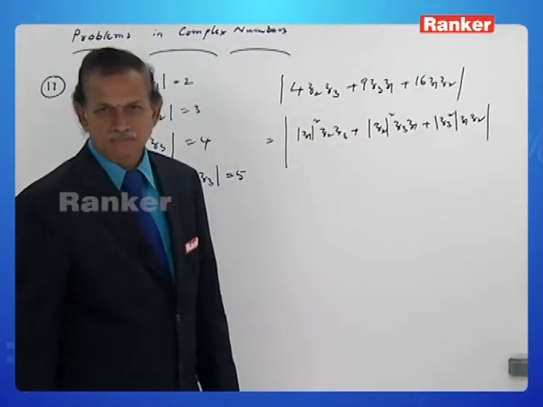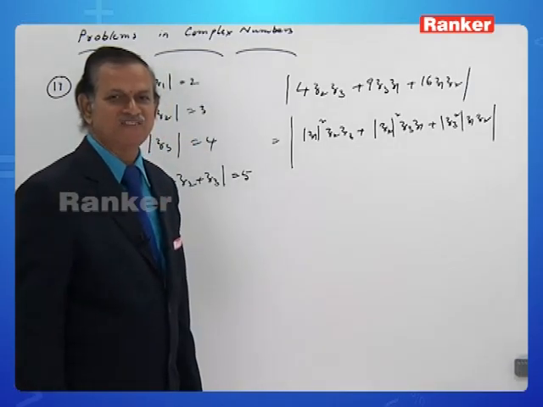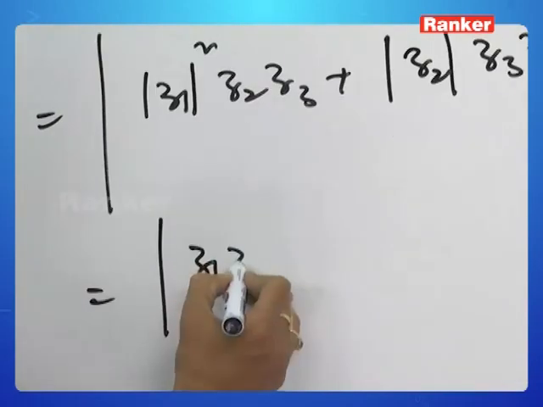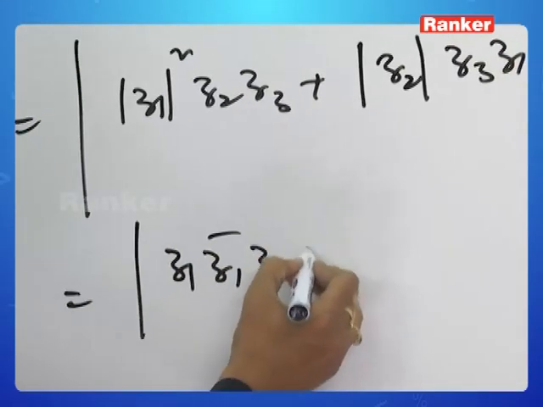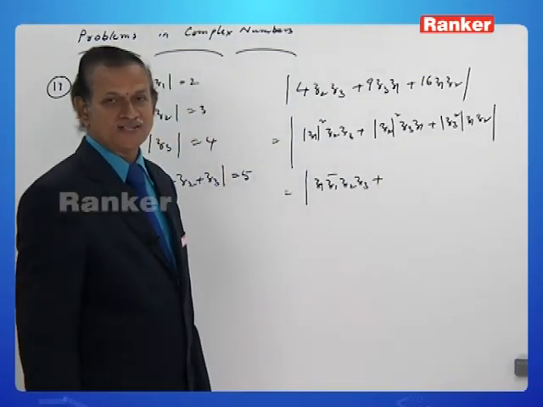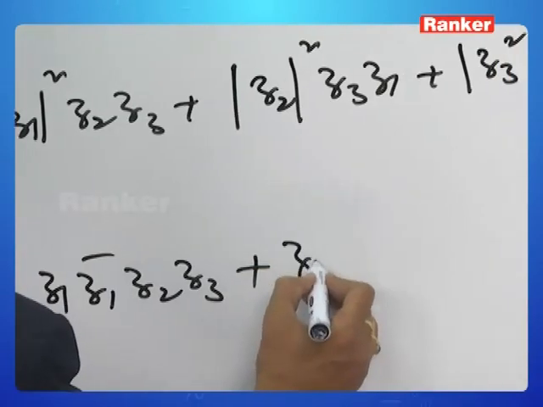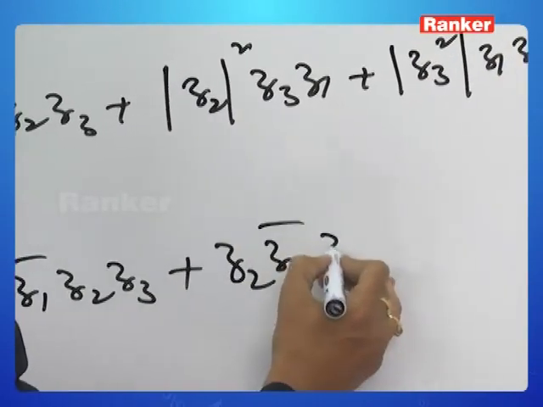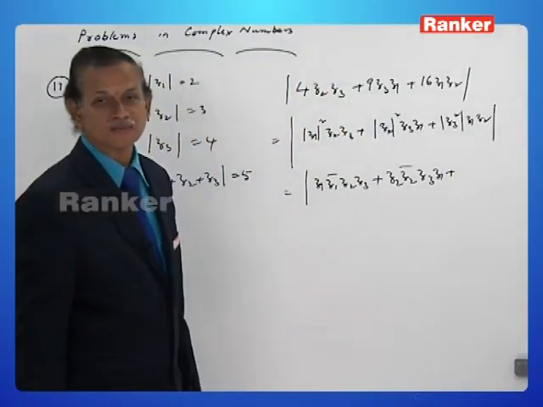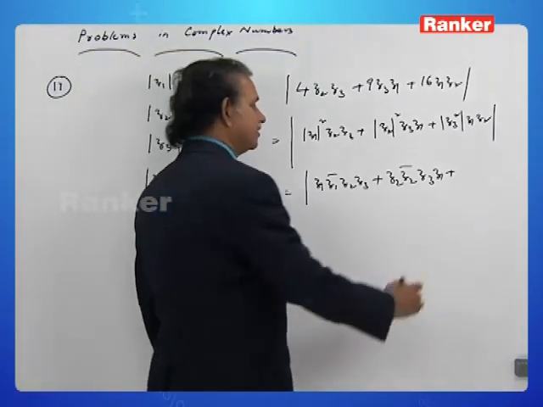That is the required expression. Now, what is mod Z1 square? It is just nothing but Z1 Z1 bar. This is equal to modulus of Z1 Z1 bar Z2 Z3. Again, what is mod Z2 square? Z2 Z2 bar. That is Z2 Z2 bar Z3 Z1 plus, what is mod Z3 square? Z3 Z3 bar.